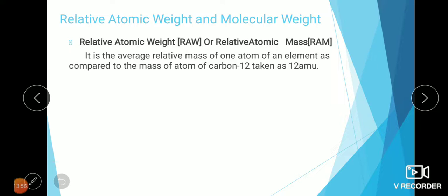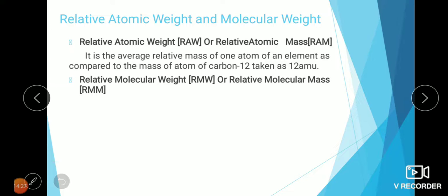If I compare the atomic mass of magnesium with carbon, I can say magnesium is twice as heavy as carbon. Why? Because the atomic mass number of carbon is 12 and that of magnesium is 24. That means it is twice that of carbon. So it's much simpler to study the atomic mass number of other elements by comparing that with carbon.